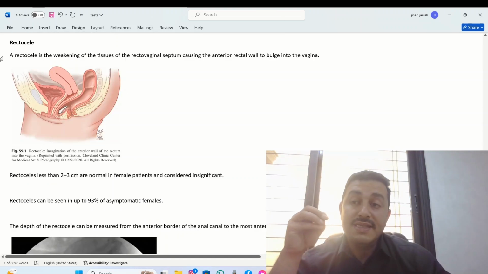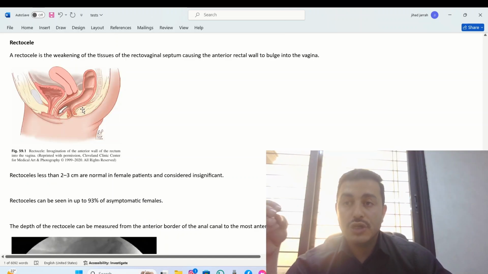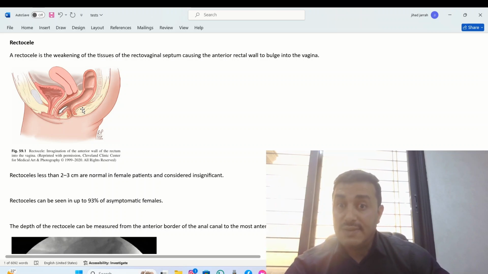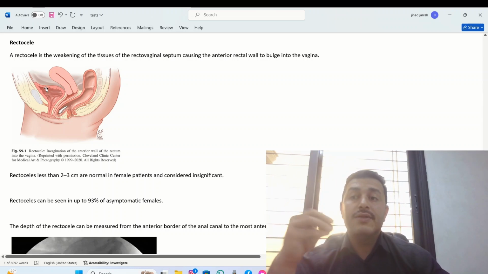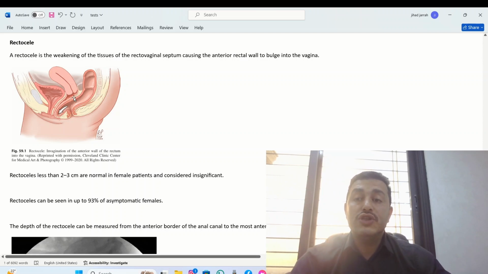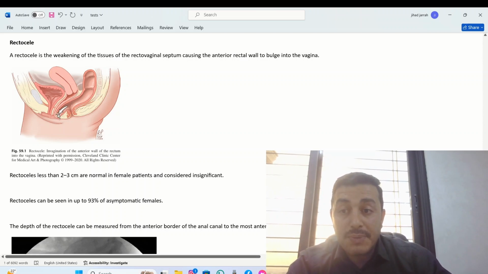Okay, let's remember again the indications for defecography. It is obstructed defecation or pelvic organ prolapse, of them the rectocele, which is a weakness in the septum between the vagina and rectum, called the rectovaginal septum.